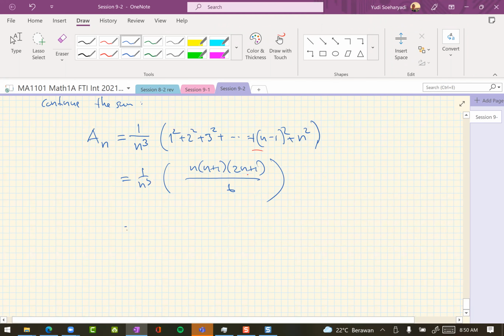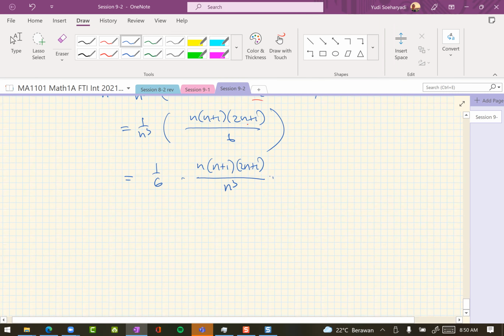Okay, so at the end you have this 1 over 6, put it outside, and you have there. That's the explicit formula for a_n.